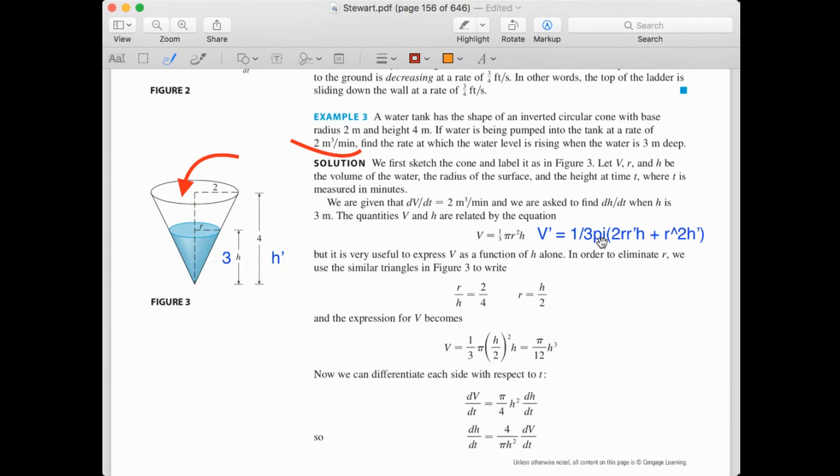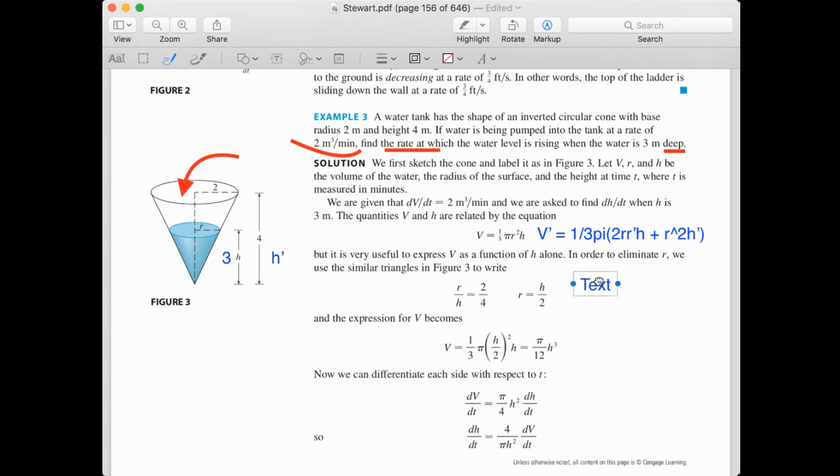What is our goal? Our goal is to find the rate of the depth, which is h prime. To be able to solve for h prime, we need to know r, we need to know h, and we need to know v prime. V prime is given as 2.